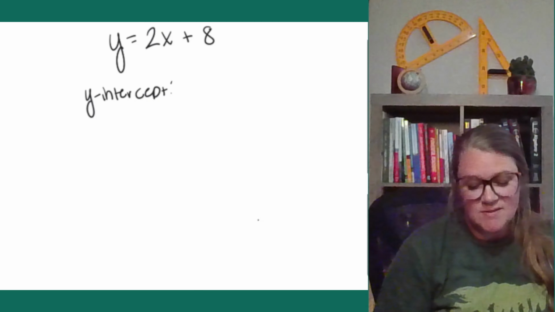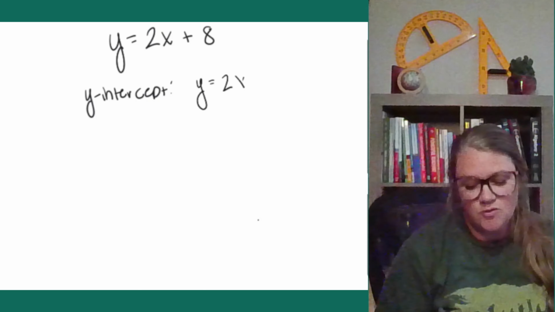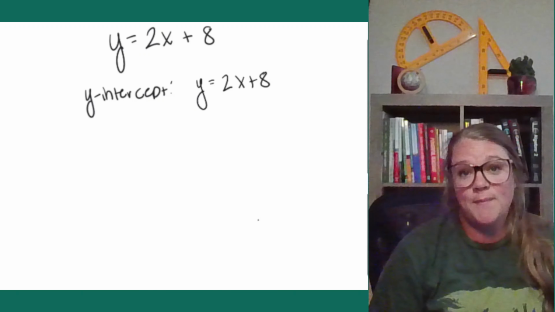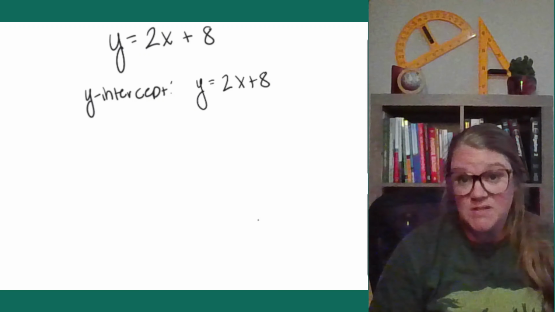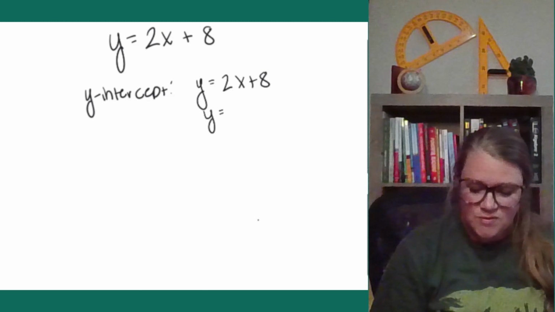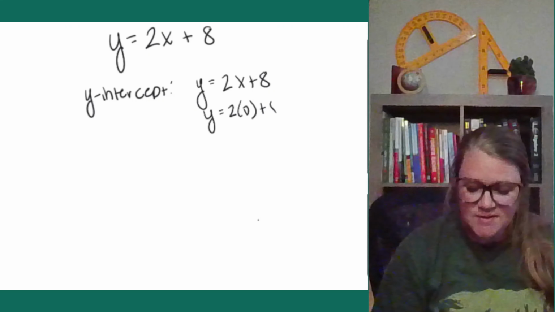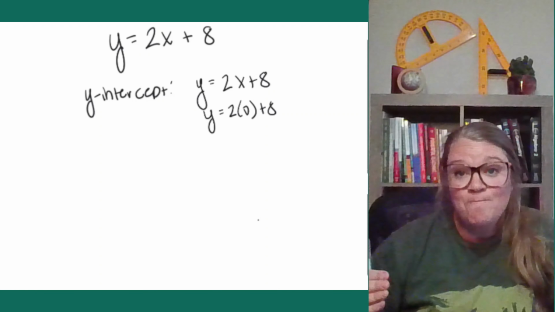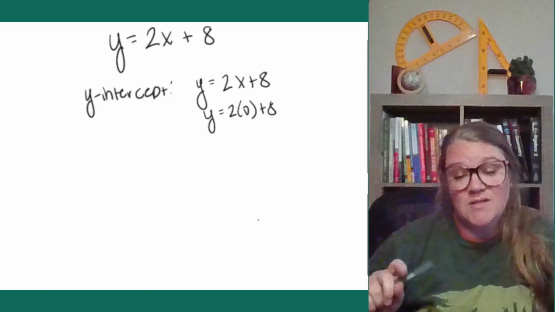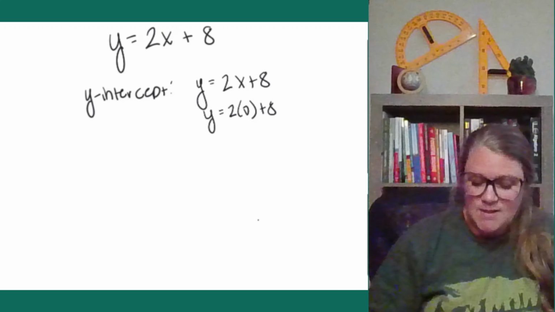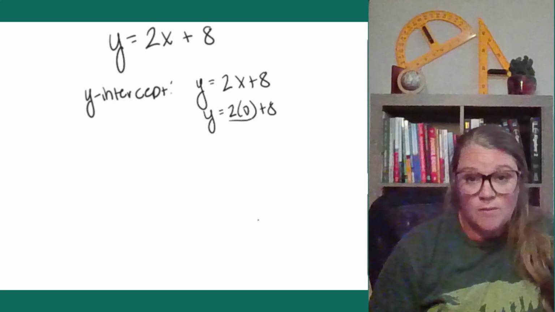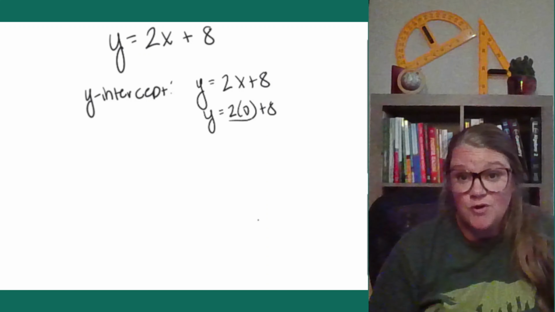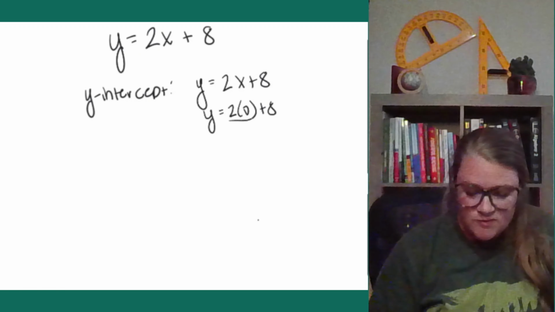I'm going to use the exact same equation, y equals 2x plus 8, except I'm going to replace the x with a 0. y equals 2 times 0 plus 8. Now the only variable that I have left in here is a y, so I can figure out what y is. I just have to simplify on the right-hand side. We have to do our multiplication first, it says the order of operations. 2 times 0 gives me 0.